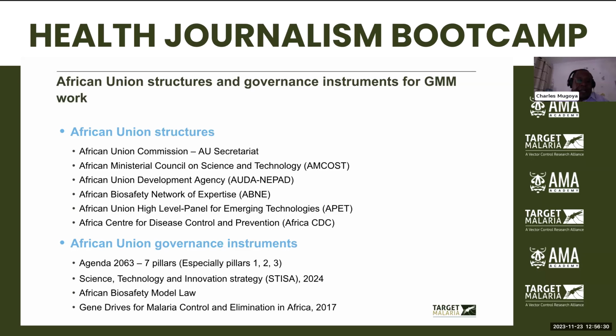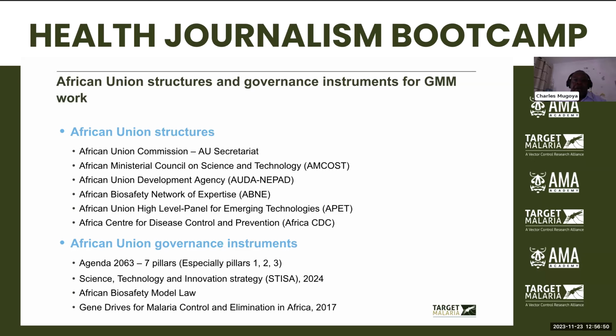And then the African Union also has governance instruments. These are high-level policy instruments that are helping us to formulate the interventions that we need to make in Africa. It has the Agenda 2063, which has 7 pillars.